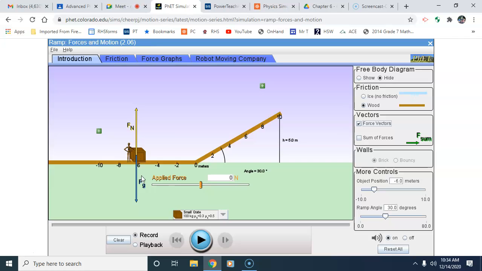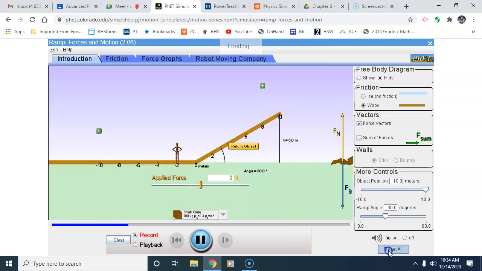So if this crate weighed 980 newtons, the normal force would also be that. But now we're going to move to putting this thing on a hill. So I'm going to apply a force just to push it up on the hill, and that was too hard, so I'm going to reset that.